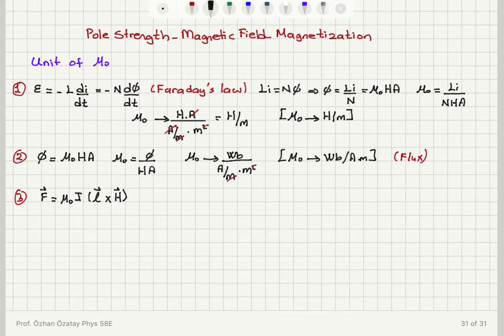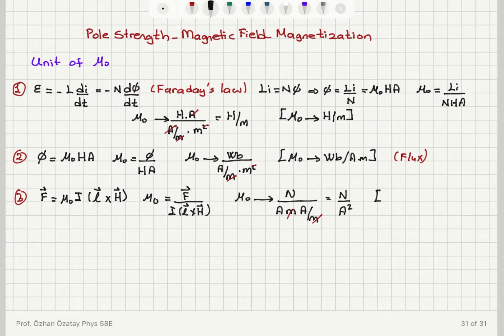So you can see from this equation that mu0 can be written as the force divided by I L cross H. So from the units point of view, mu0 is newtons divided by ampere is the current, meter is the length, ampere per meter is the magnetic field. So we have meters cancelling here, which gives us Newton divided by ampere square.